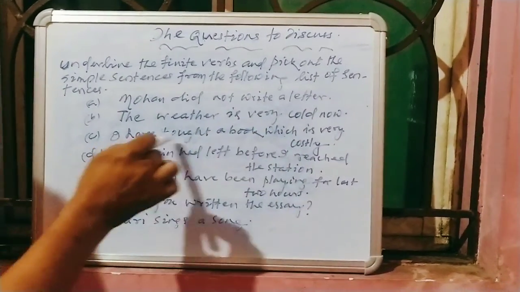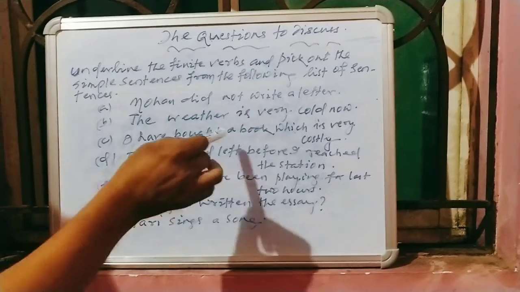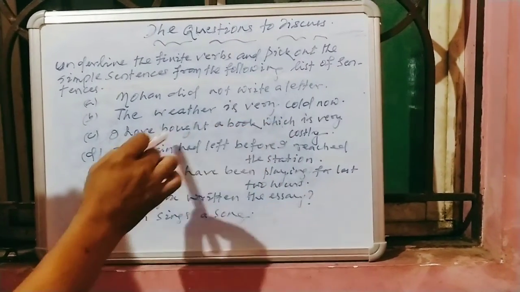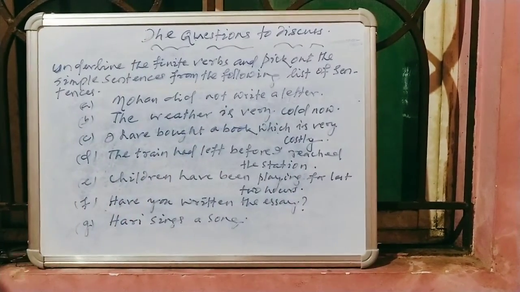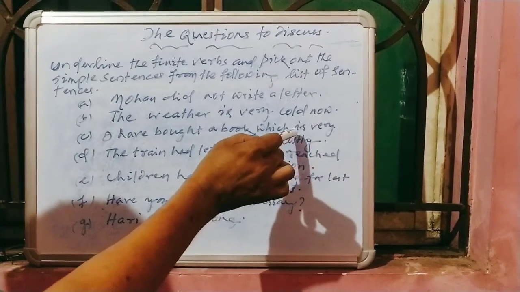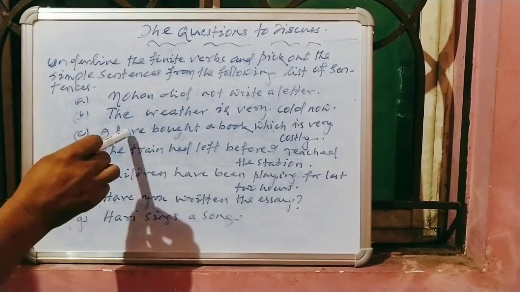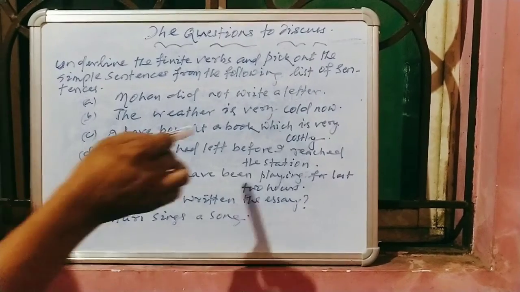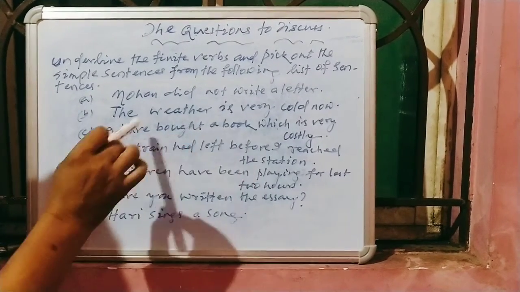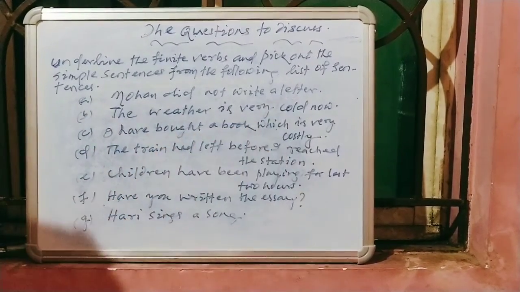And here we can find also the two different clauses, and one of them is independent and the other is dependent, right? So which is very costly, it is the dependent clause, and I have bought a book, it is the independent clause, right? So as a result, it is definitely a complex sentence.